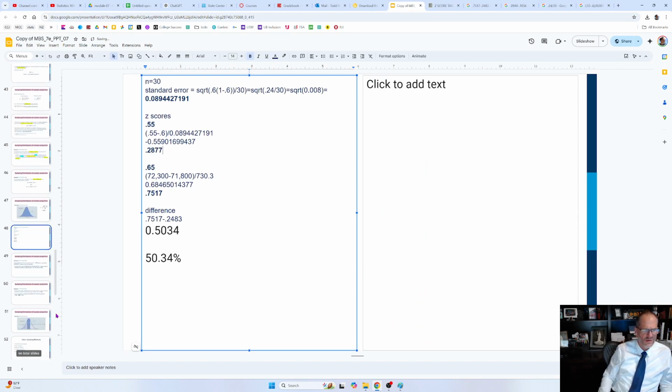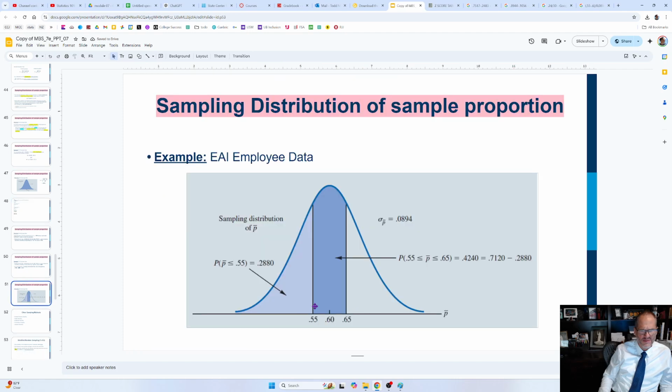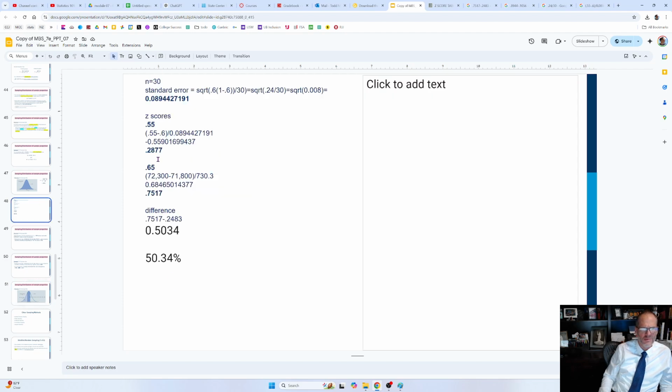What that shows you is that from 0.55 to the left, 2877 is the value we came up with. When you calculate it with Excel, you get 2880. So from here to the left is 28.8% of our data, or we came up with 28.77% of our data.